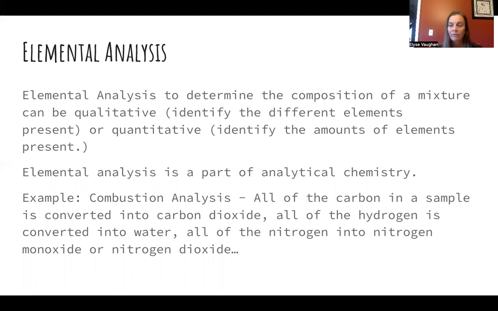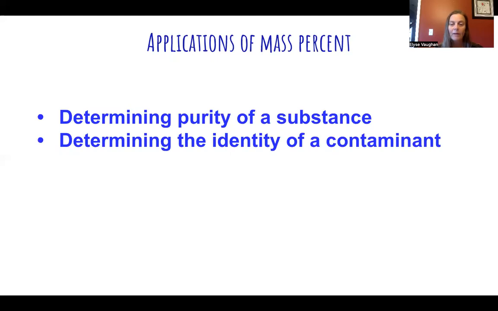So this is very often how we get empirical formulas, that we do something called combustion analysis. So we basically burn it, and that means that we can figure out how much carbon dioxide, water, nitrogen oxide or nitrogen dioxide we have, and we can work backwards to get an empirical formula. We can use mass percent to determine purity of a substance or the identity of a contaminant.